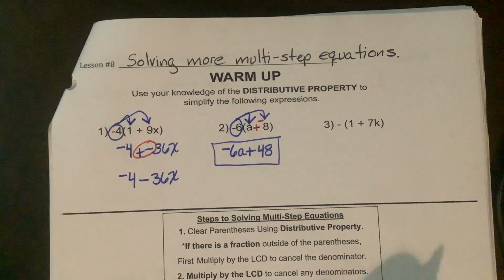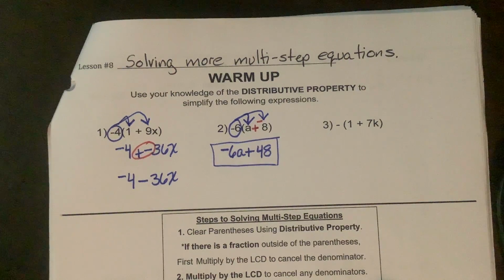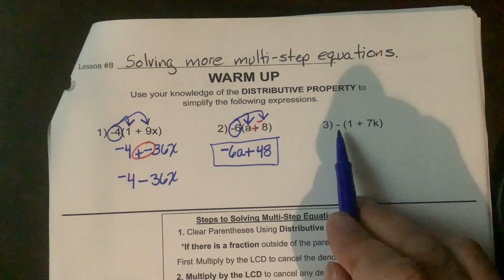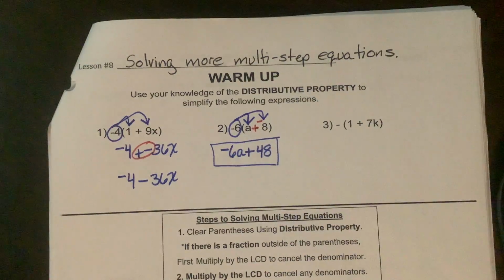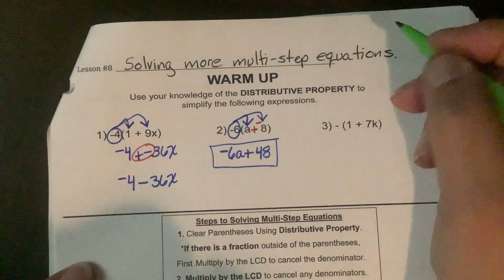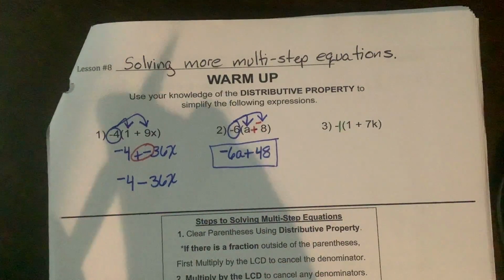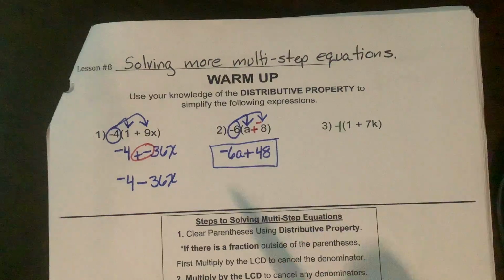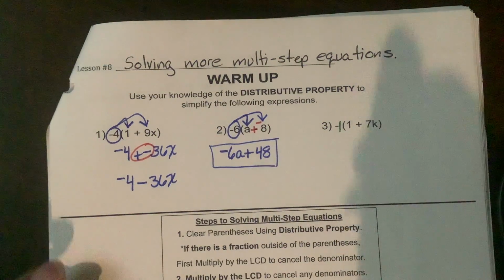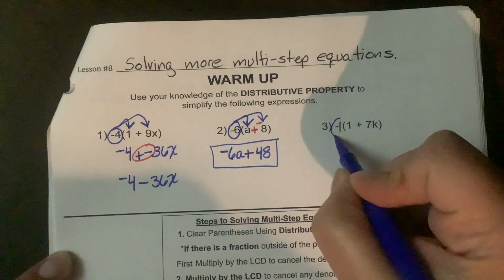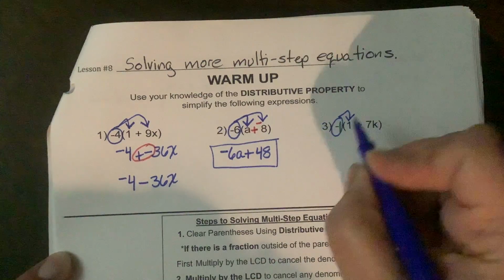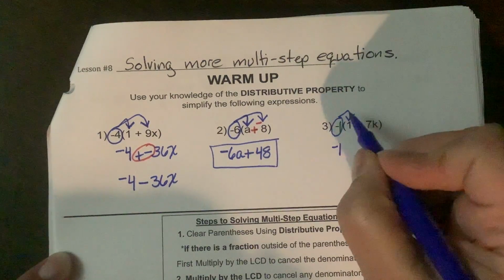Last one. Oh, invisible math. Between this negative sign and that parenthesis is the dreaded invisible 1. I'm just going to put a 1 there. Now I'm going to multiply negative 1 times everything that's in the parentheses. So, negative 1 times 1, negative 1.